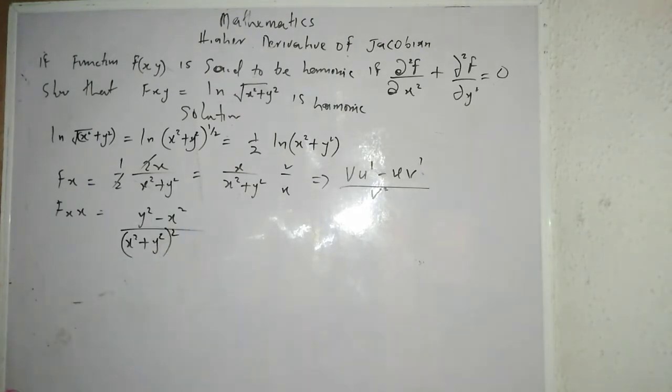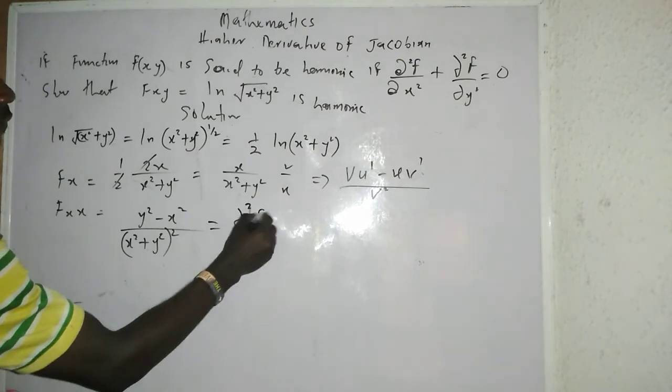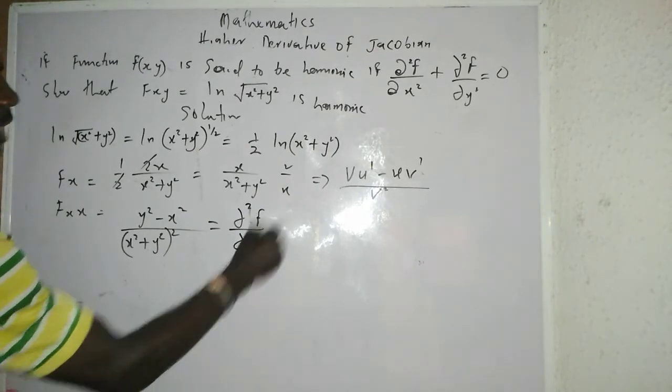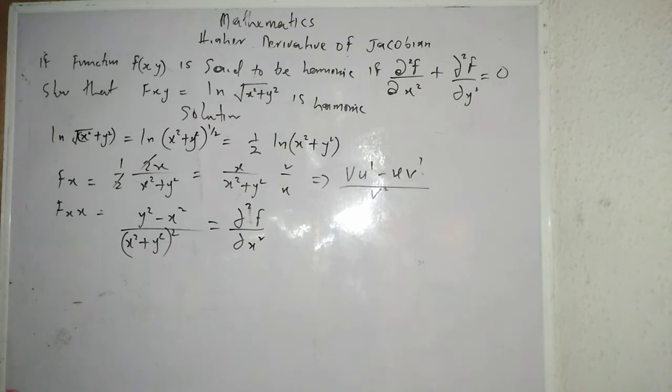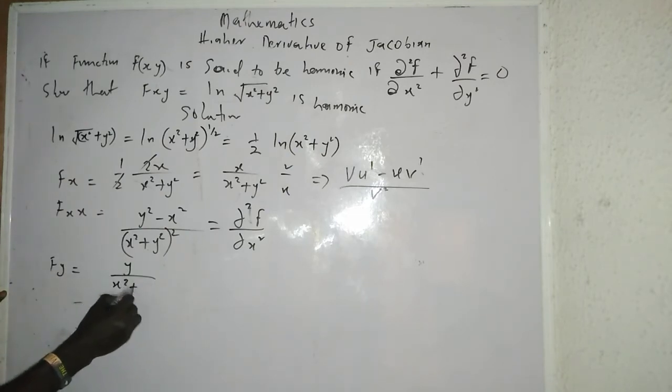You can use your chain rule. Now, which is my f of x, the same thing as the square of f of x squared. Now, I can move on to my f of y, which I will have the same way: y divided by x squared plus y squared.